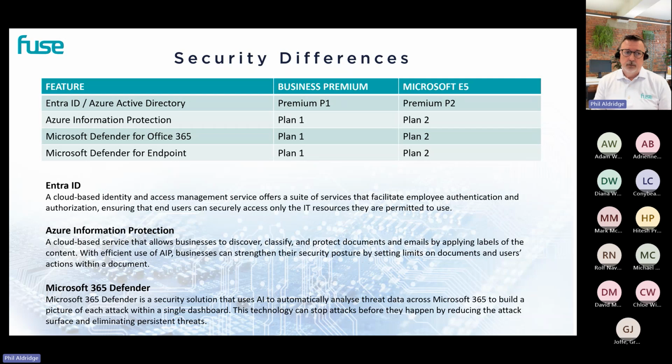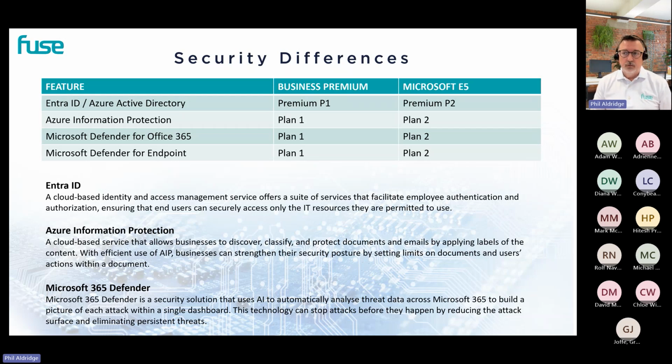All of these Plan 1, Plan 2s, there are slight differences, but there's no point in me getting into detailed descriptions of all of them. If anybody has any questions on the actual differences, let me know. I'll get back to you with an answer. But the Microsoft Entra ID, what used to be called Azure Active Directory, the Azure Information Protection, and the Microsoft Defender, those three or four products are the main difference between Standard and Premium and E3 and E5.